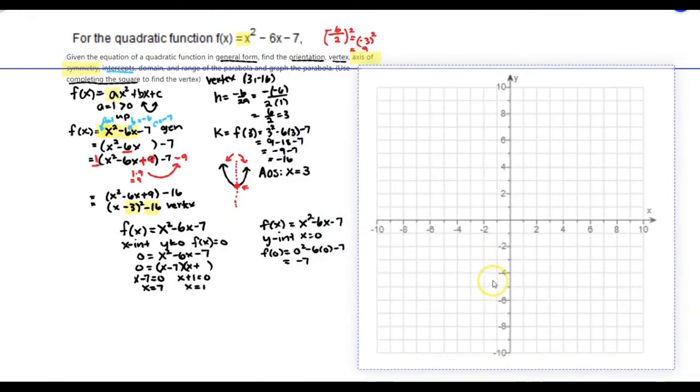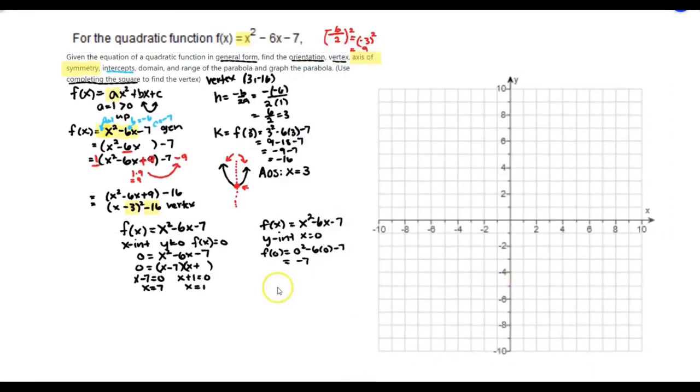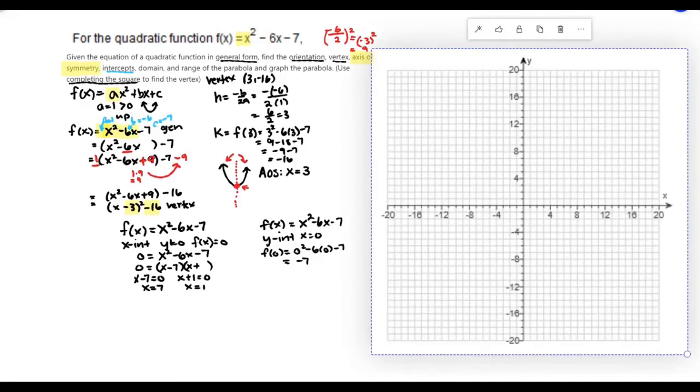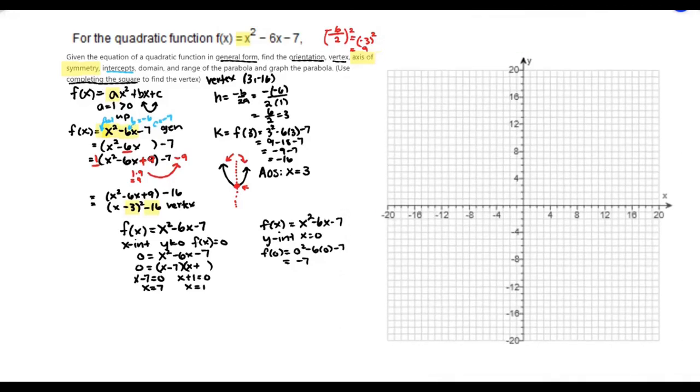So to graph the function, I'll plot the vertex, and it goes off my screen a little bit. So since that went off my screen, I got a different grid, and now I can plot that vertex at 3, negative 16.